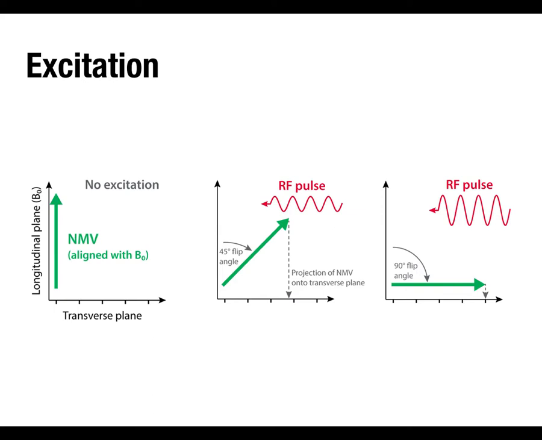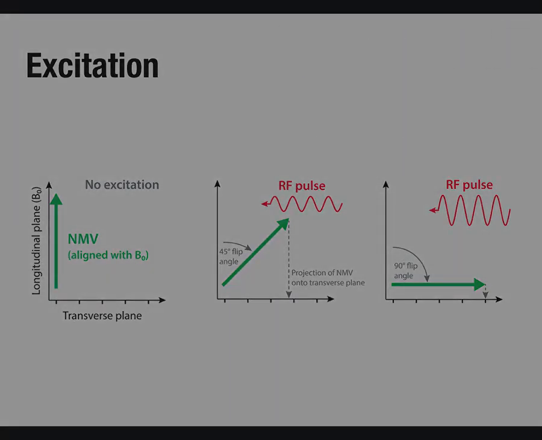Remember, the net magnetization vector is the fact that your protons are weakly aligning with the strong magnetic field, so they're all more or less aligned with that. In these plots, that's what we're calling the longitudinal plane, or B0. B0 is another term for the strong magnetic field. So that's the orientation of the net magnetization vector along the bore of the scanner before excitation.